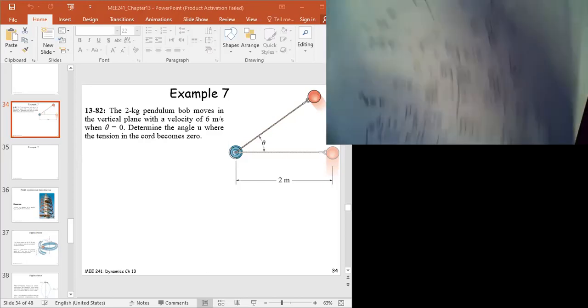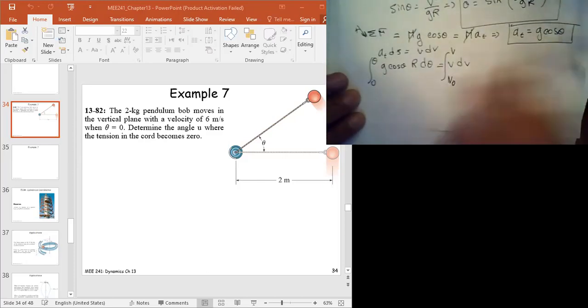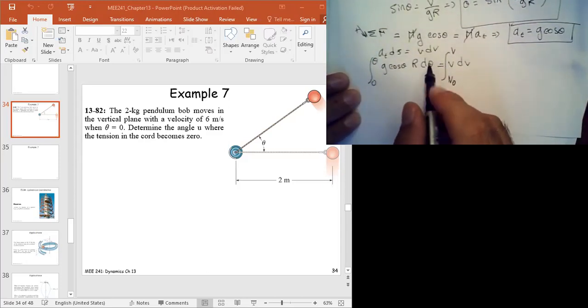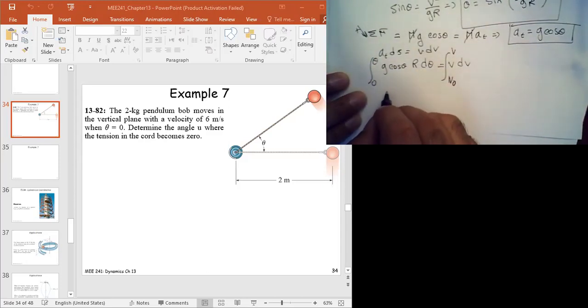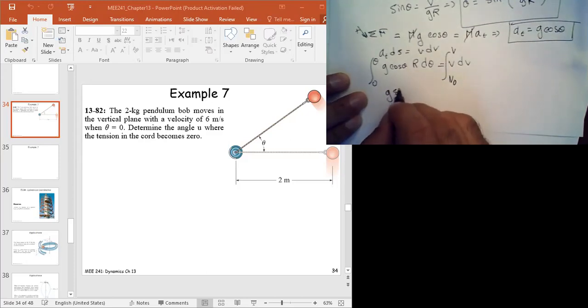What do I end up with if I integrate these two? What is the integration of g cosine theta r d theta? It will be g r sine theta.